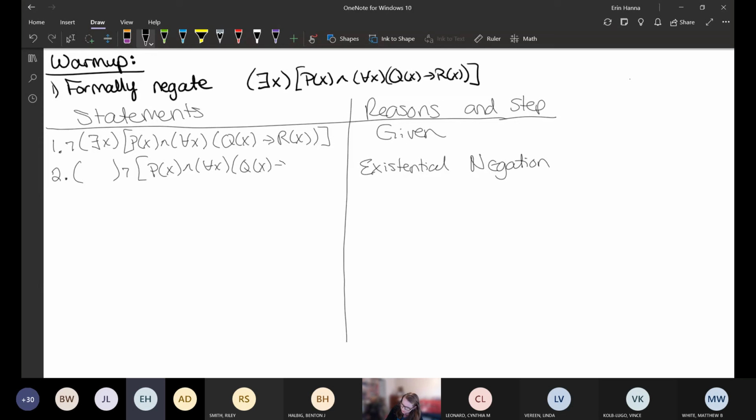Everything else is going to stay the same for now, but in the front, the quantifier changes to the other quantifier. And remember, the point is that we need to push this through. At this point, what we have is something and something else. That something else in the back is a big old blob of stuff, but that's okay. Since it's ultimately an and statement, we can use De Morgan's to push that.